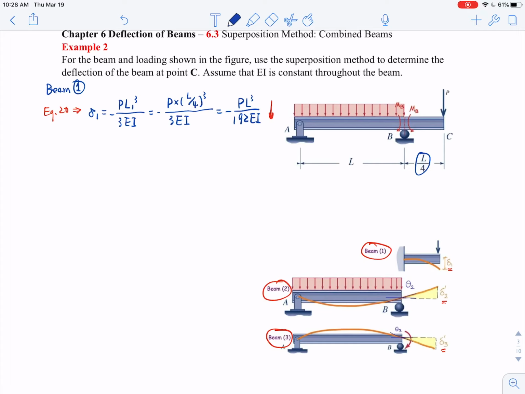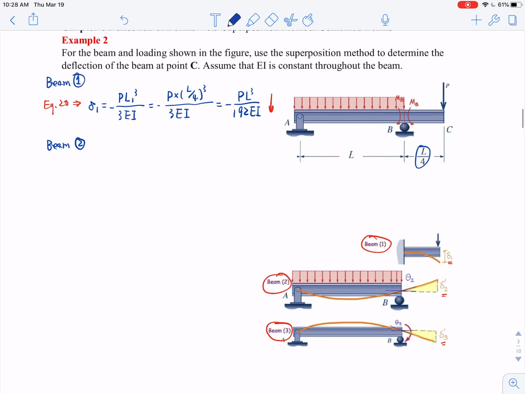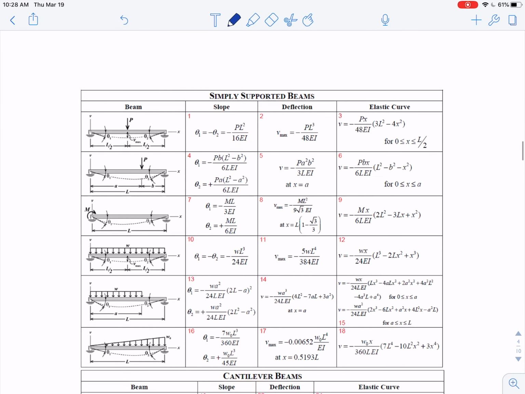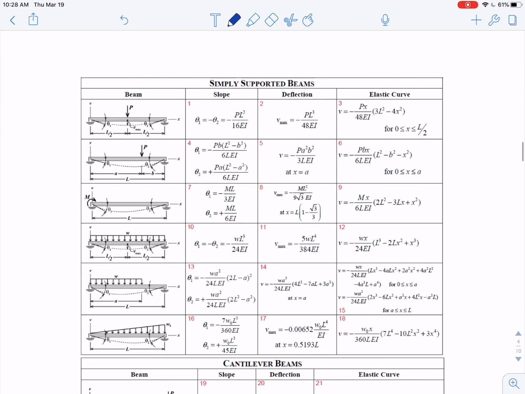Then let's look at beam 2. Beam 2, as shown here, is a simply supported beam subjected to a uniformly distributed load. Let's call it W. From the table, let's find the equation for a simply supported beam with a uniformly distributed load.